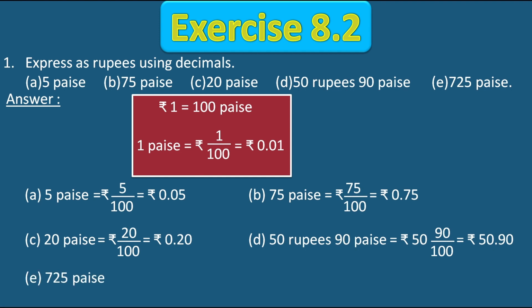Now here again, as you all know, rupees 1 is equal to 100 paise. So here they have given 725 paise. This 700 indicates that it is 7 rupees. So we can write it as rupees 7 and 25 paise. So this can be written as rupees 725 upon 100, which is equal to rupees 7.25. Now let's move to the next question.